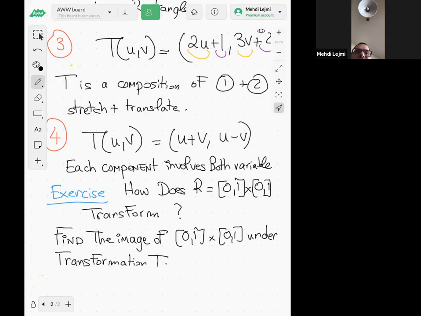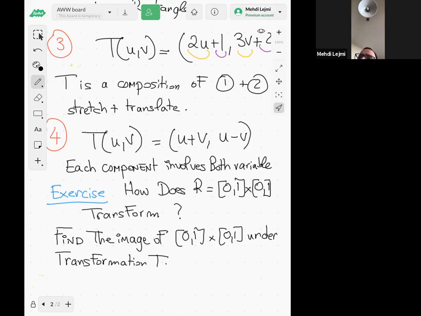So our goal today, I'm not sure if we're going to finish. I don't think we're going to finish this today, but anyway, our goal is about integrals, like double integrals or triple integrals. If you integrate the constant function one, that will be the area of your region or the volume of your solid, etc. So why are we trying to study these transformations?